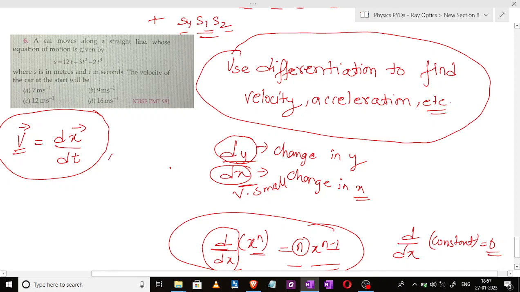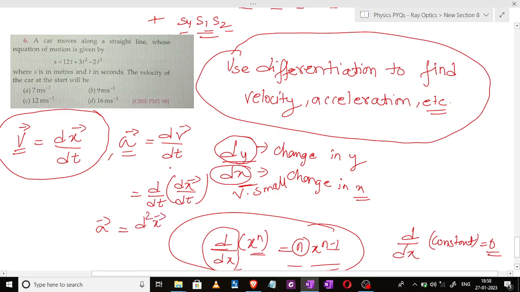Okay, similarly, acceleration is the rate of change of velocity. When we differentiate v with respect to t, we get the value of acceleration. And v is d/dt of x, so we can write acceleration as d square x by dt square.